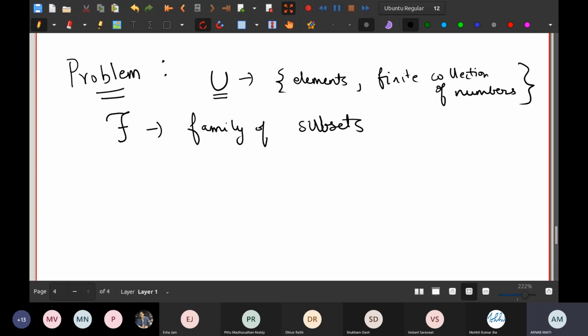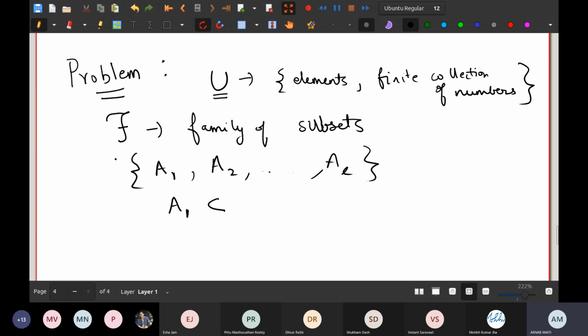And F is a family of subsets, which means basically it is a collection of subsets such that each is a subset of this universe, actually.